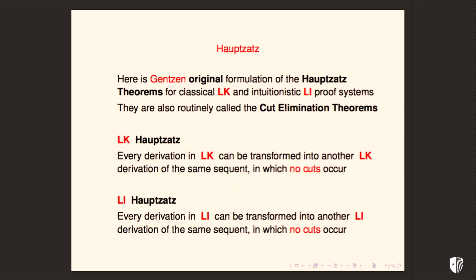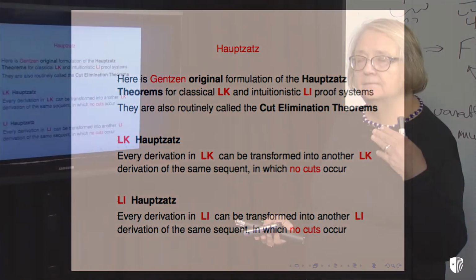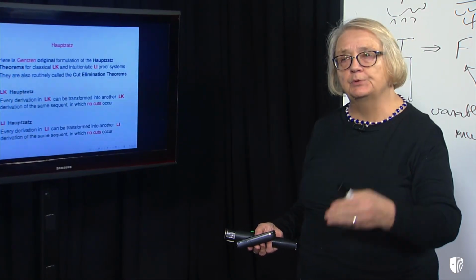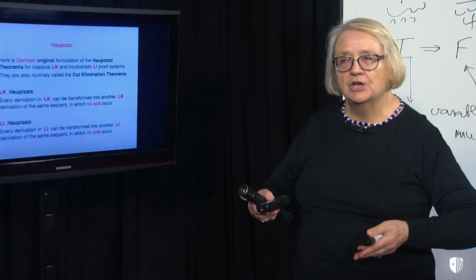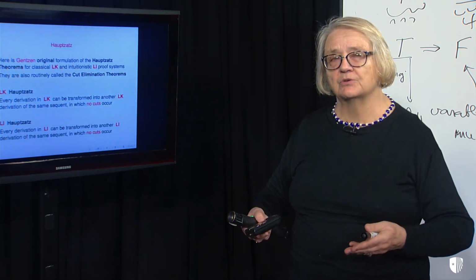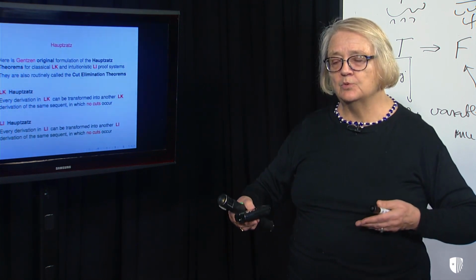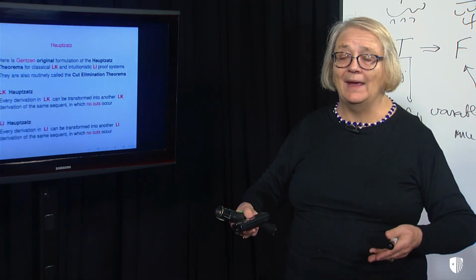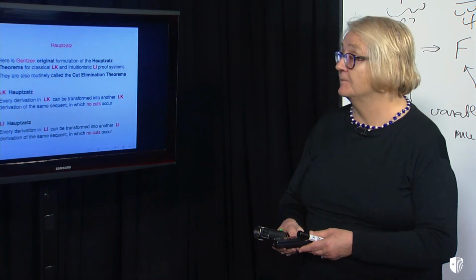And then he showed the Hauptsatz theorem, the cut elimination theorem. So he showed that every derivation can be transformed into another derivation in his system of the same sequent where no cut rule occurs. And that proof is a constructive proof, showing how, through his structural rules, those structural rules can replace, in a very clever way, modus ponens.